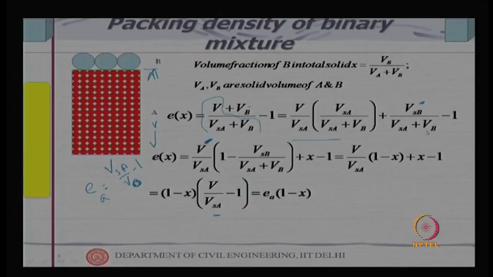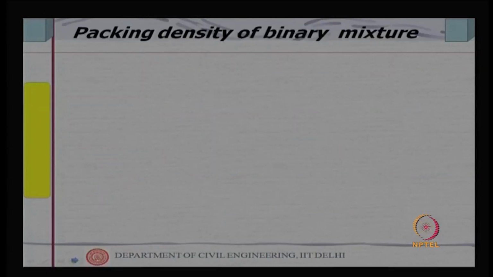If it was packed alone, then the volume that it occupied, this is nothing but E A. So, E A into 1 minus x. That is how we come across, that it will reduce linearly as I increase the volume fraction of B.